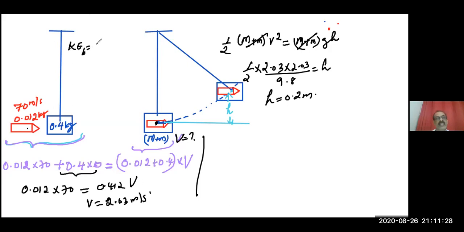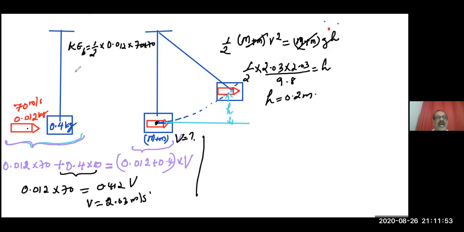Kinetic energy of bullet is half into 0.012 into velocity, 70 into 70. This is the kinetic energy before collision.